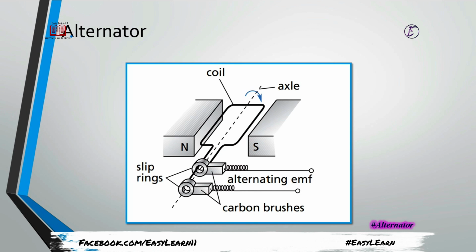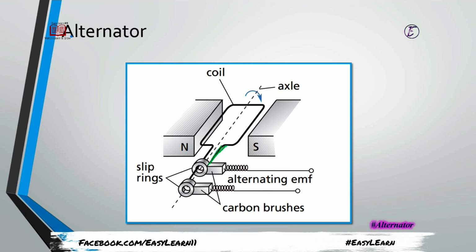So here comes something new. You can see that the first end of the coil is connected with the first ring, and these are called slip rings, and these rings are a little bit different. These rings are used to collect the current out from the coil towards the circuit, as in the case of the DC generator, but there is a difference.